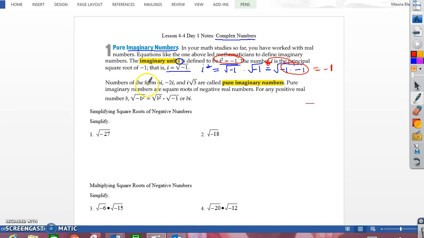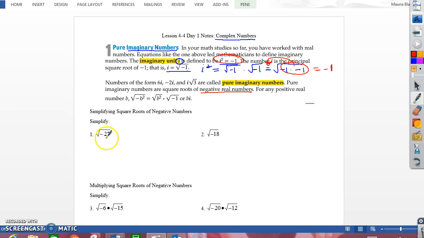Okay? So numbers of the form 6i, -2i, and i square root of 3 are pure imaginary numbers. Pure imaginary numbers are the square roots of negative real numbers. Anytime we have a negative number under a square root, that's where the i comes into play, because we can't take the square root of -27.